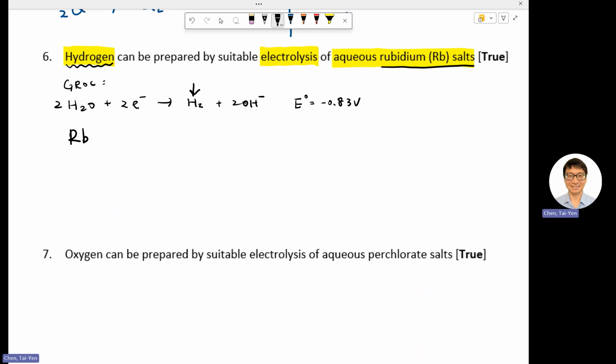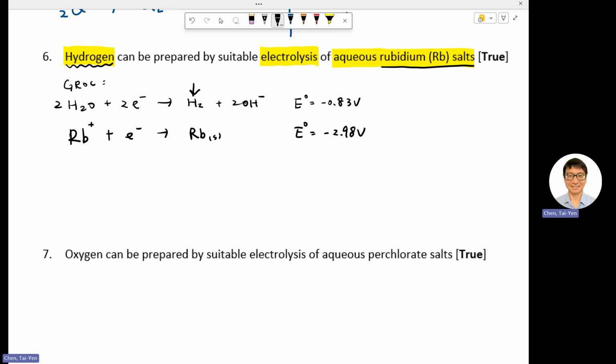Rubidium is a 1A group member, so if you check out your table, the reduction of your rubidium plus, which is going to become solid Rb, has a reduction potential of negative 2.98 volt.